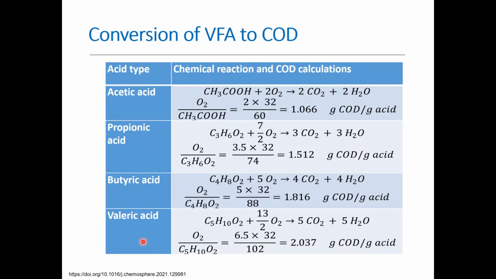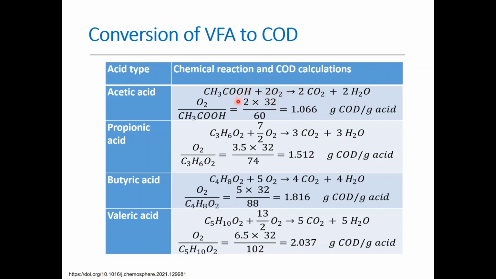So in this case, we convert the acids to COD equivalent. Again, it's just oxidation. Every acid will be converted to carbon dioxide and water. To calculate the COD equivalent, as we mentioned before, we have to balance the equations, and based on the molecular weight, we need 2 moles of oxygen here.